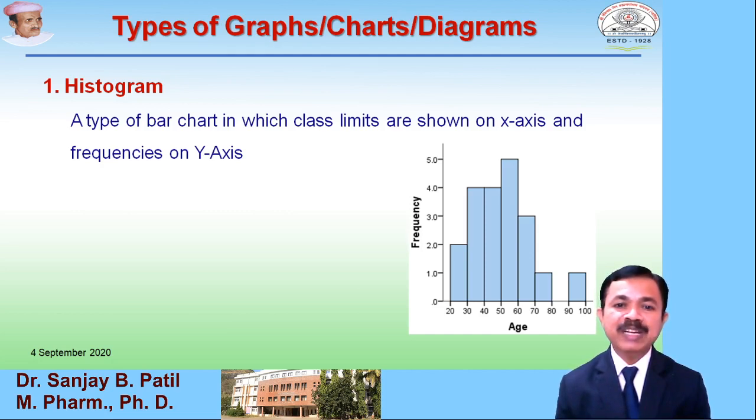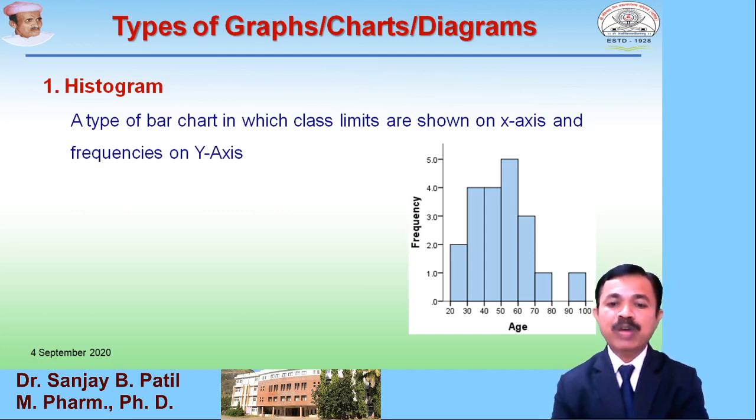And to represent these frequencies, rectangles which are adjacent to each other are always drawn. This is the graph which is characteristic for group data or class data, where the data is presented in the form of classes or groups.